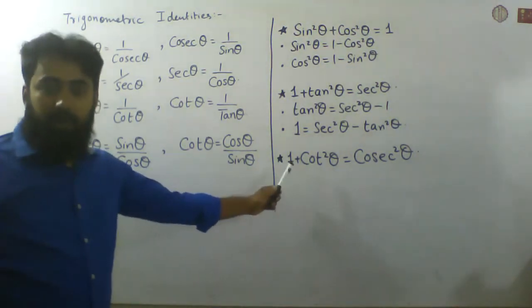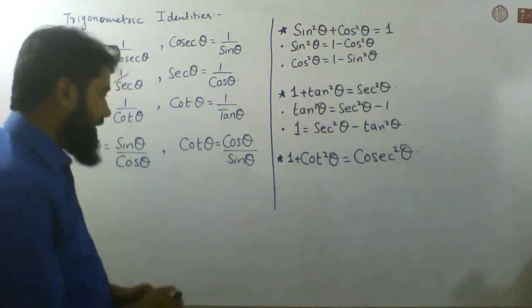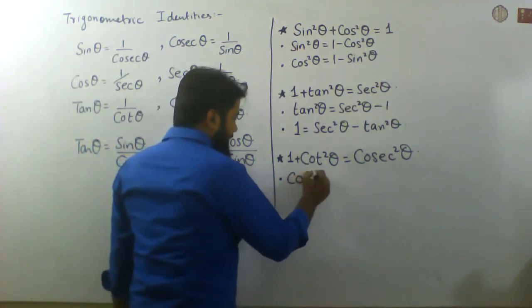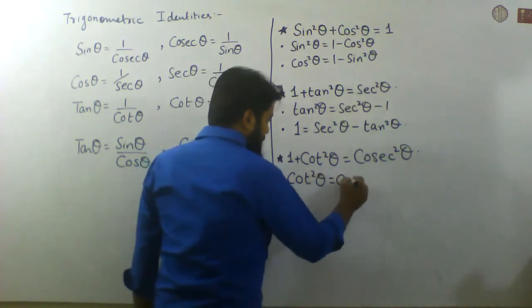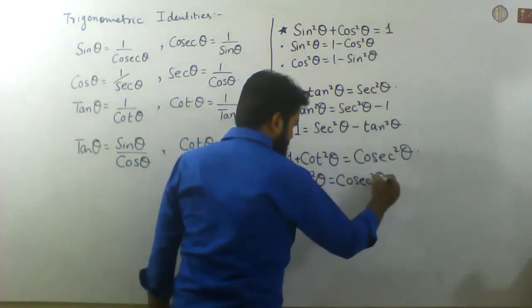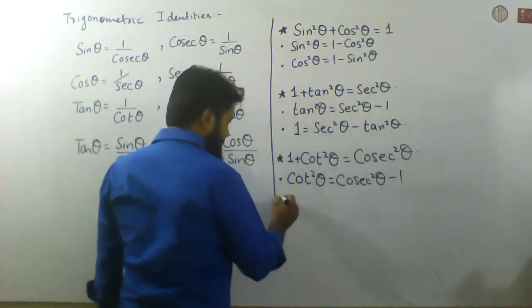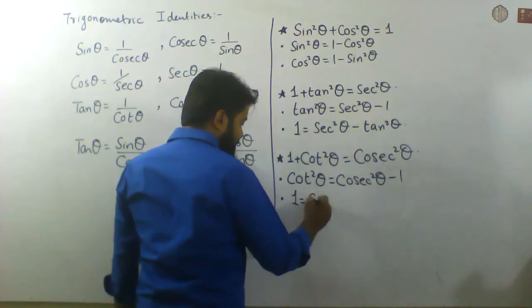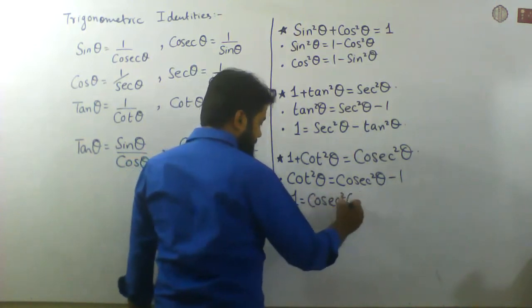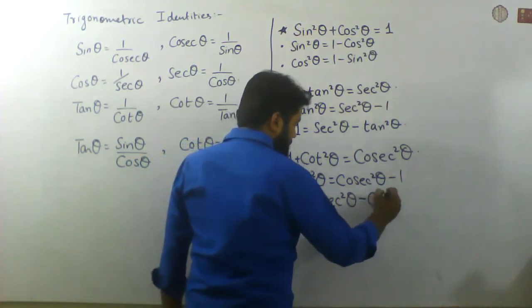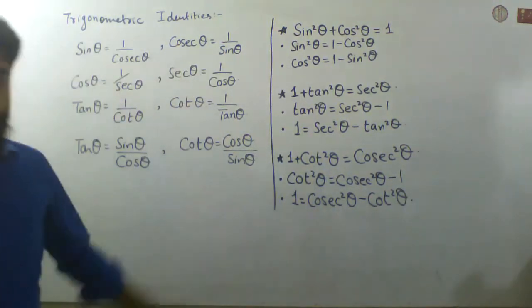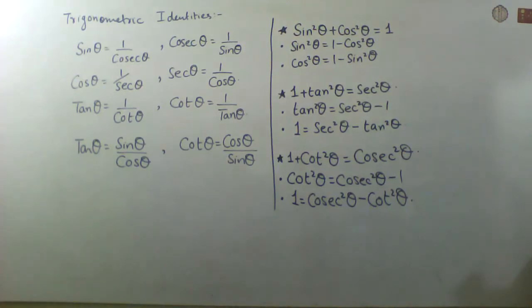That is my third squaring identity, and variations can be cot square theta equals cosec square theta minus 1, and 1 equals cosec square theta minus cot square theta.